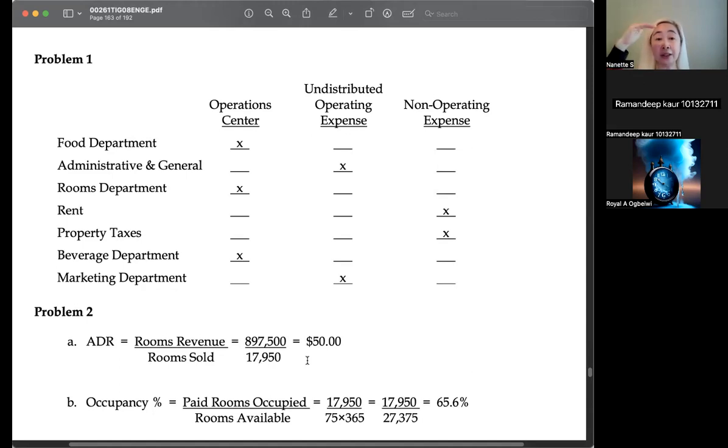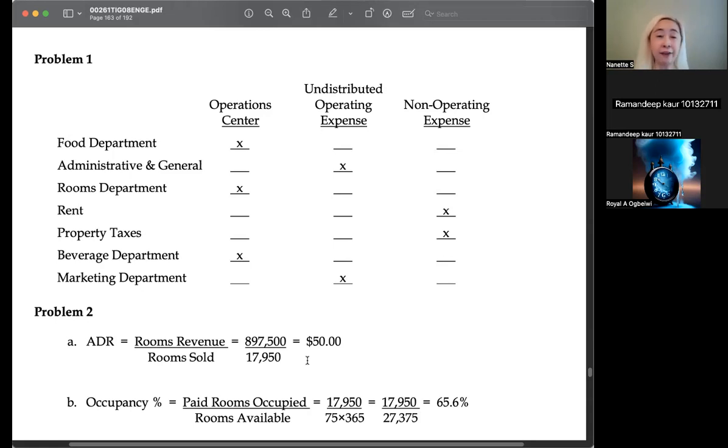Sometimes the rate of the room is higher when it's peak season. So let's say during Christmas time, if you buy rooms during Christmas time, then the rates would be higher. It can be 100, 200, depending on the demand. Now, during low season or lean season, the prices can be $40, $35, so it would drop.